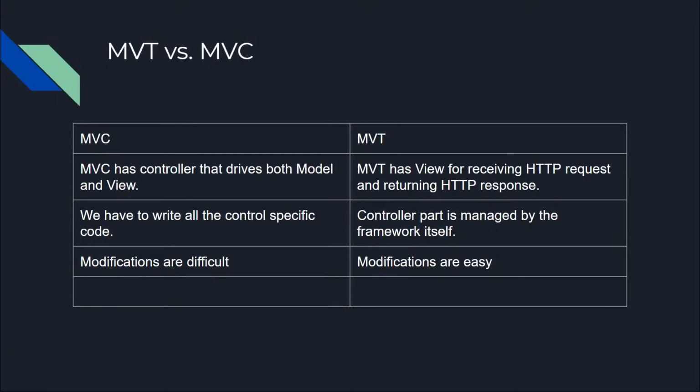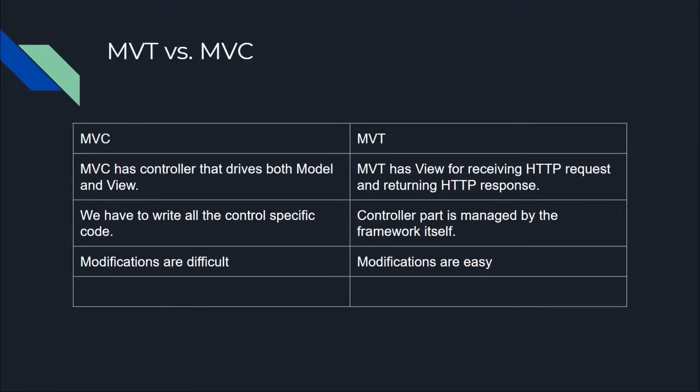Consider when you want to display some data on a web page. In MVC architecture, you have to write the code to fetch data from the database, write the presentation layer, map it with a URL, and send it to the user. But in frameworks like Django, with MVT architecture, you don't have to write any code related to fetching data from the database and mapping it with the URL.